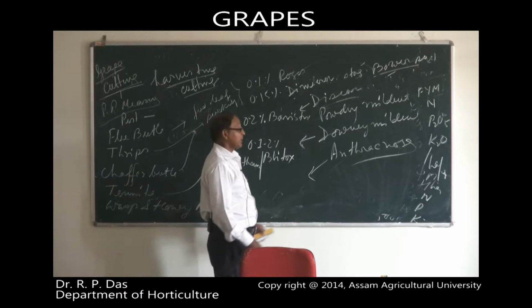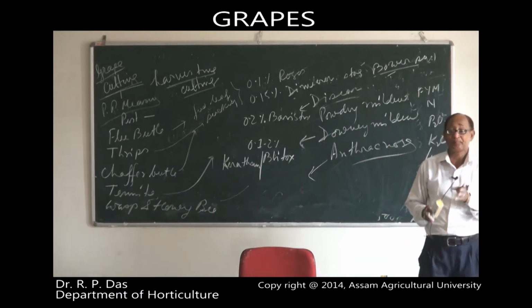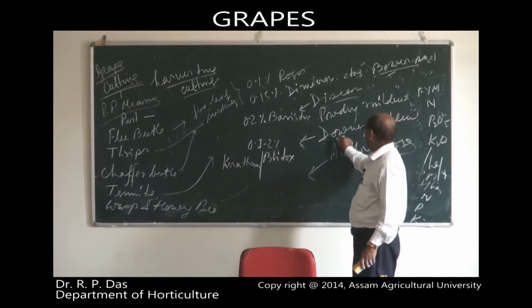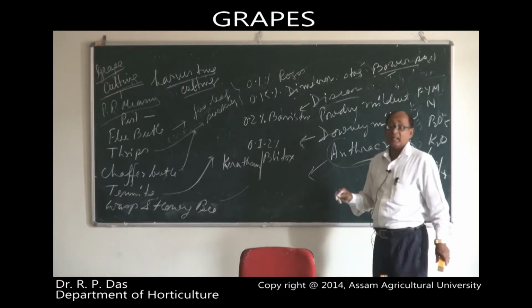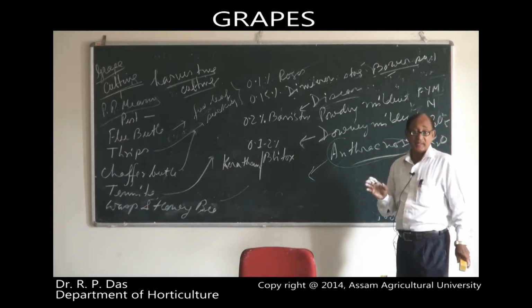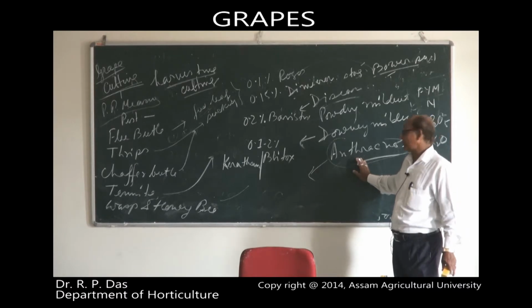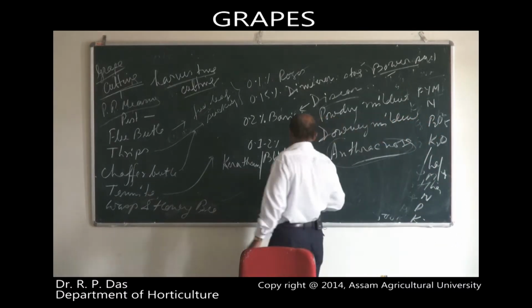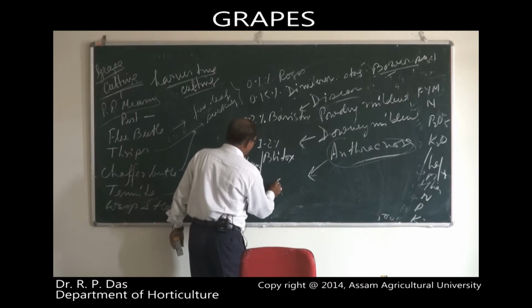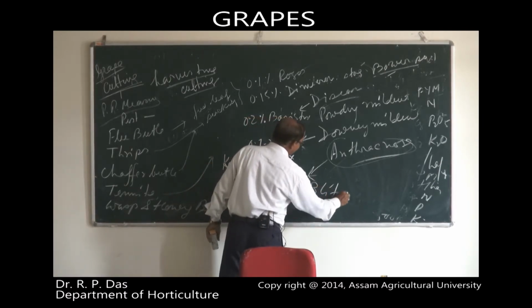And anthracnose is a serious disease, which damages not only the leaves and shoots, but also the berries. It occurs mostly in neglected orchards, with improper management and more humid conditions. It can be controlled by spraying of 0.2% Blitox.